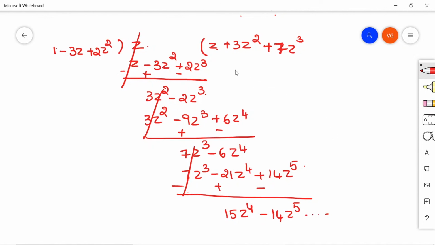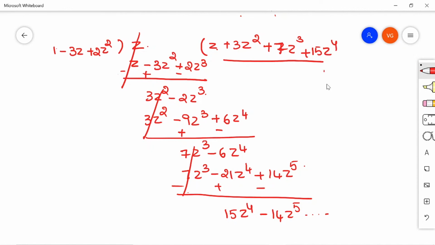As I said, in the first 2-3 terms itself, you can identify the sequence. In the long division method, whatever quotient you are getting, you have to write it down. Like all the first terms, you can write it: 15z power 4, 7z cube, 3z square and z. The next quotient will be 15z power 4 only.